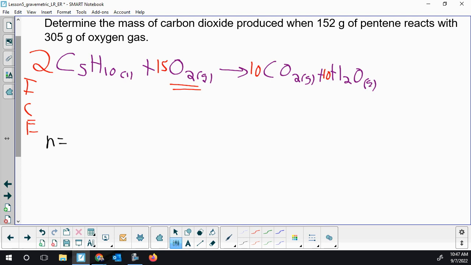Moles of our fuel, 152 grams. I'm skipping the formula, mass divided by molar mass. And 5 carbon and 10 hydrogen is 70.15 grams per mole. So there's 2.17 moles of our fuel.